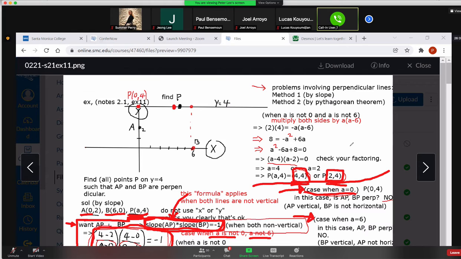Now in this class, this is Calculus 1, so I don't know how many of you know how to prove the Pythagorean theorem, but obviously I cannot go over everything. In my pre-calculus class, many times I do prove it, but not always. I think if you're a calculus student, it's probably not a bad idea to learn the proof of the Pythagorean theorem. There are so many proofs.